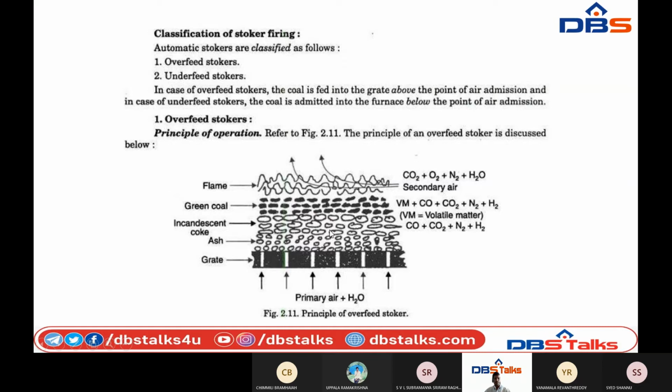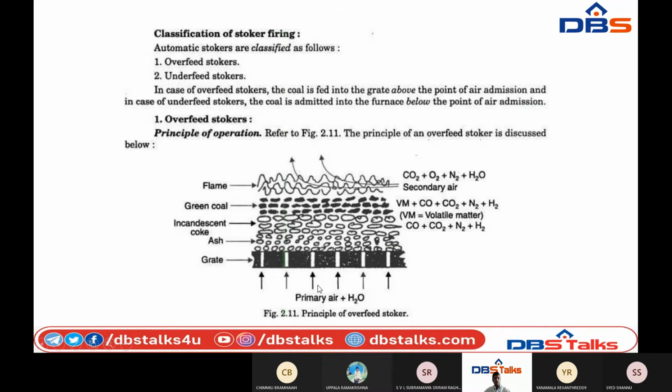After that, it passes further through green coal. Here I am showing CO2, which is produced at the incandescent coke point, and after that, O2, nitrogen, and water. Then the heated air is again passed through green coal, and the flame has to start.